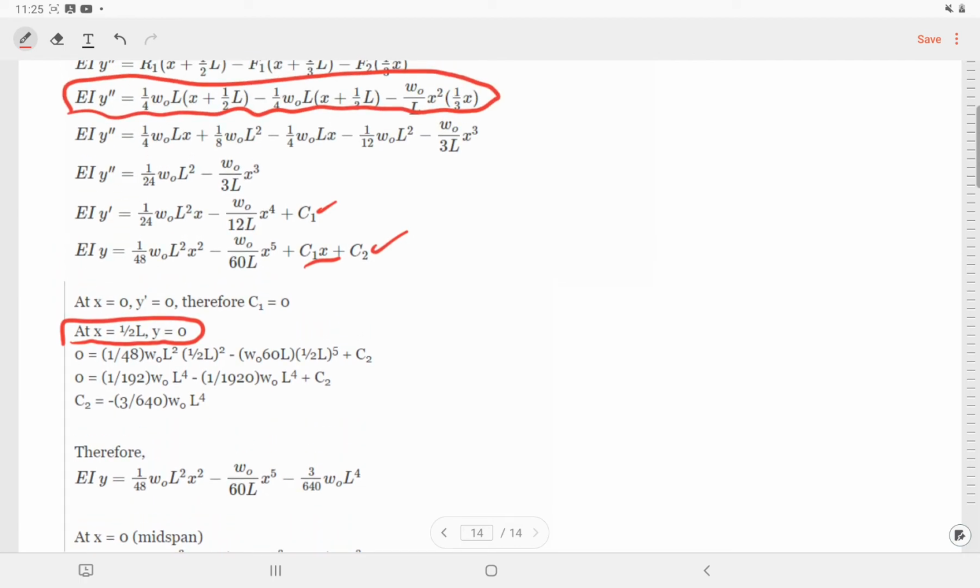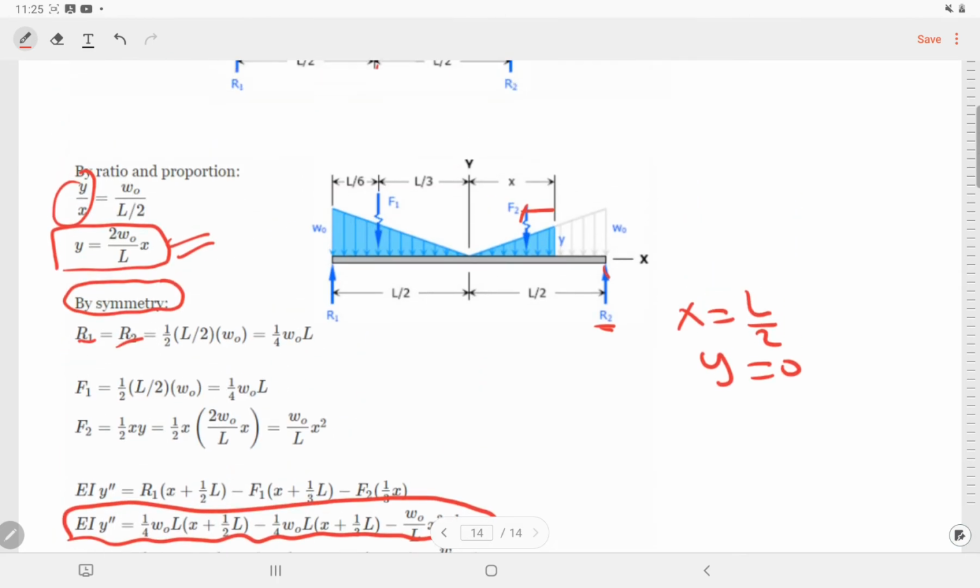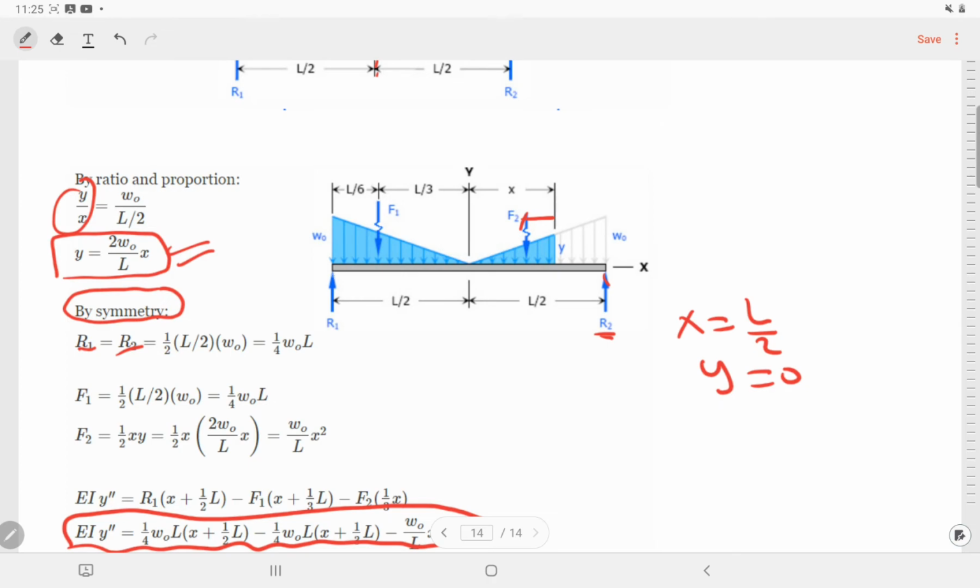condition. Here, for example, they said at x equal to 0, y dash equal to 0, which is the slope. Because we have deflection like this, symmetric, the slope, which is dy/dx, or y dash, equal to 0 at x equal to 0.